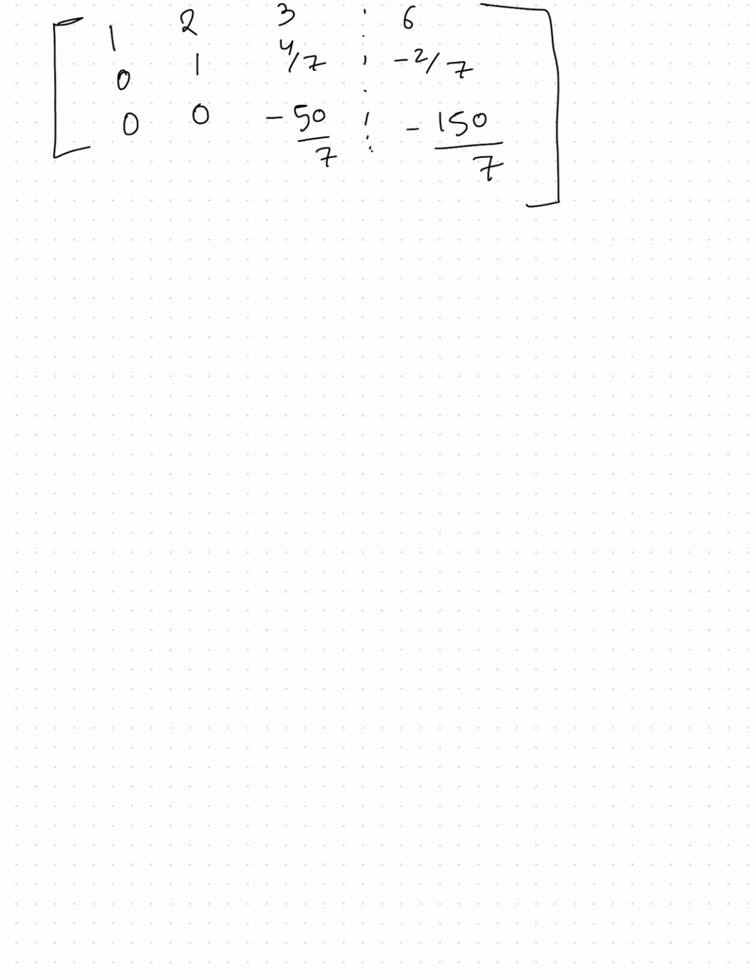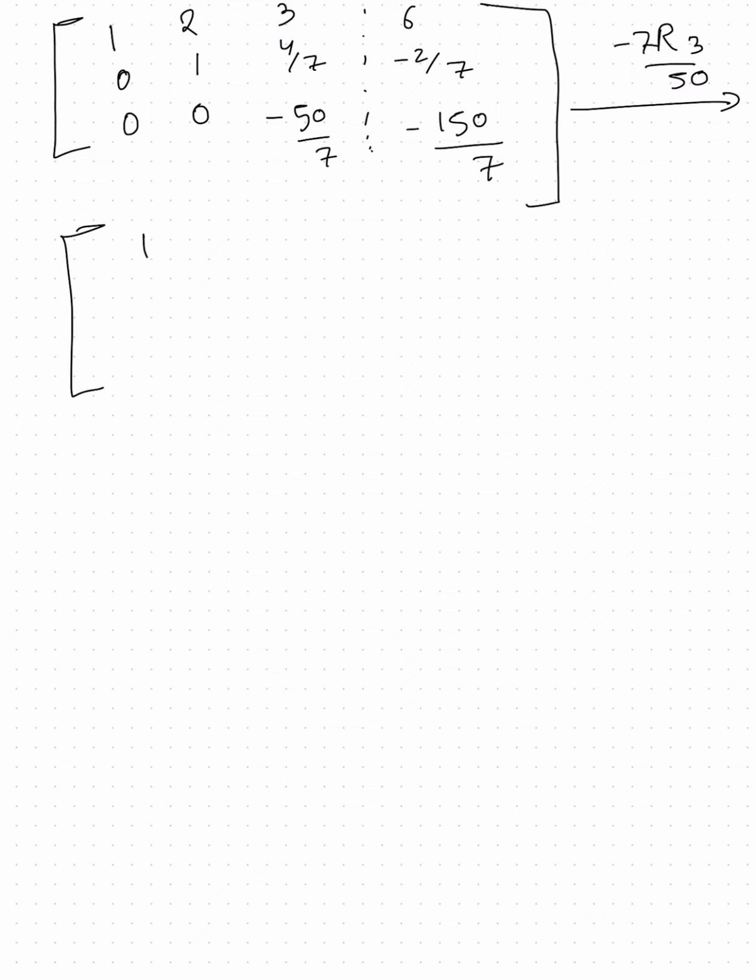So we get to this point. When we're here, you see everything below the 1 is a 0. Use the staircase again. This is going to be your next point. You have to make this point a 1. How can you make it a 1? You divide the whole row by negative 50 over 7. You multiply the whole row by 7 over negative 50.